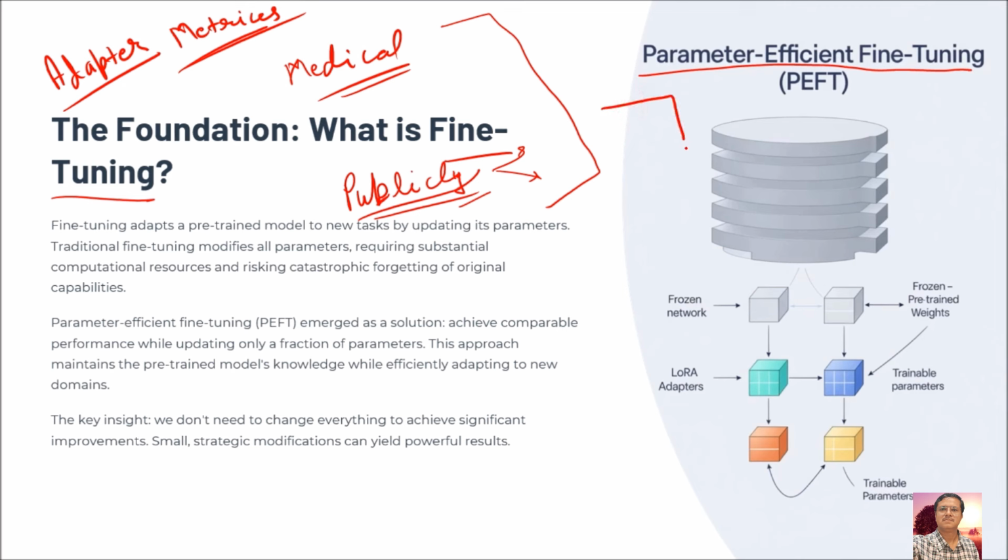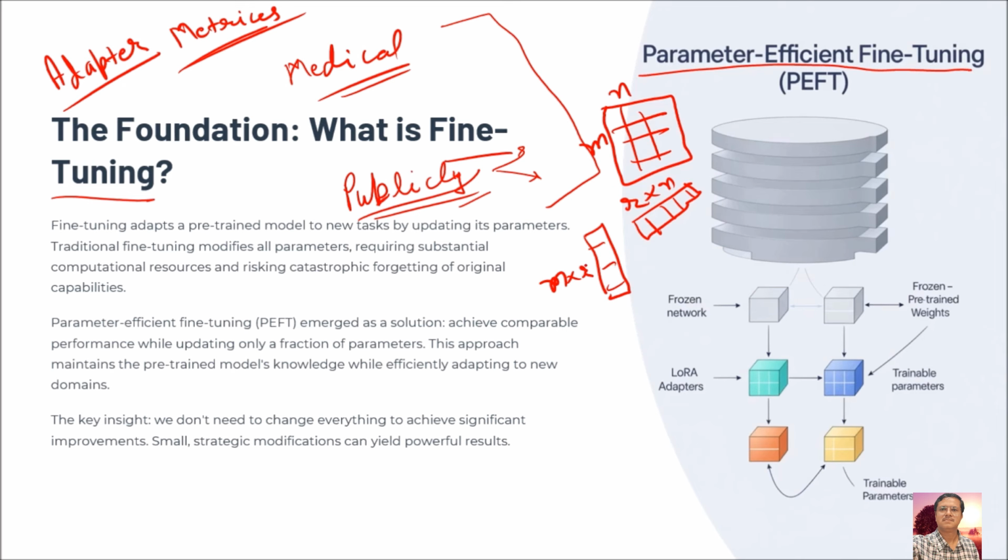Suppose you have a matrix of size m cross n. Then the adapter matrices will have sizes m cross r and r cross n. So those will be very small adapter matrices.